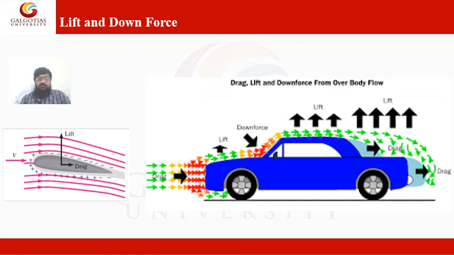The component of all the forces acting on the body along the flow is the drag force, and the vertical component of all the forces on the body is the lift force, and if it is acting downward, it is called down force.